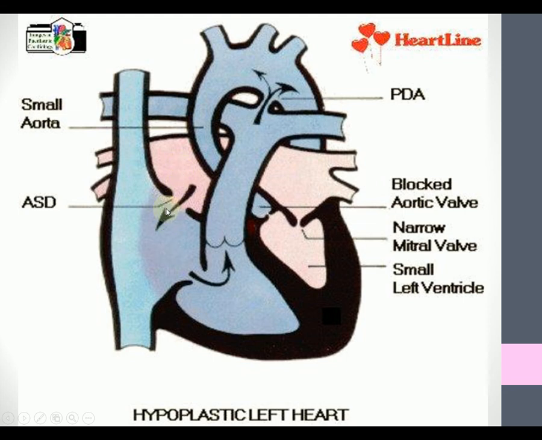You get oxygenated blood from the left atrium to the right atrium, and then it's mixing with our deoxygenated blood, and then when it goes up the pulmonary artery, the deoxygenated blood carries a little bit of oxygenated blood with it. And so this little bit of oxygenated blood from the left side of the heart is going to go up, hopefully enough, through the patent ductus arteriosus to keep our baby oxygenated enough that survival can be.